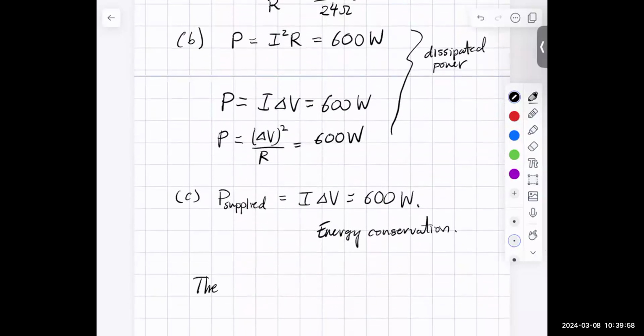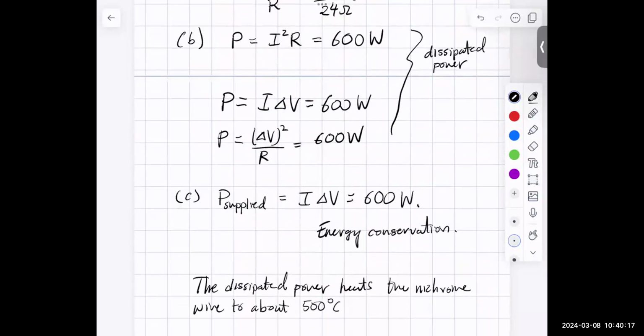So the dissipated power heats the nichrome wire to about 500 degrees Celsius.